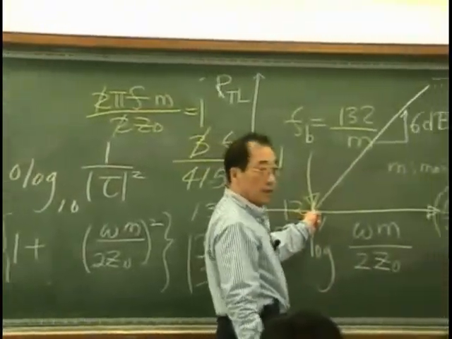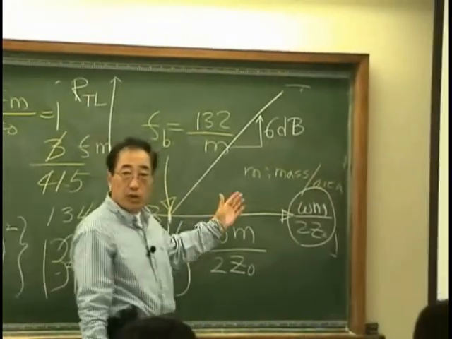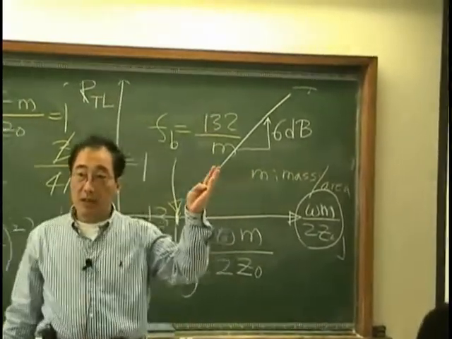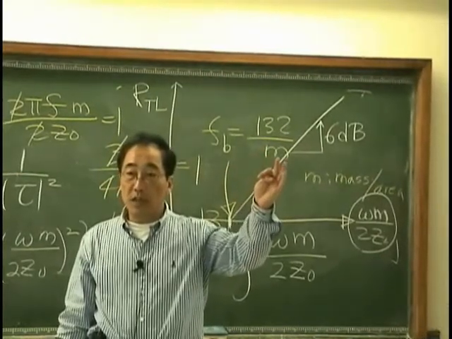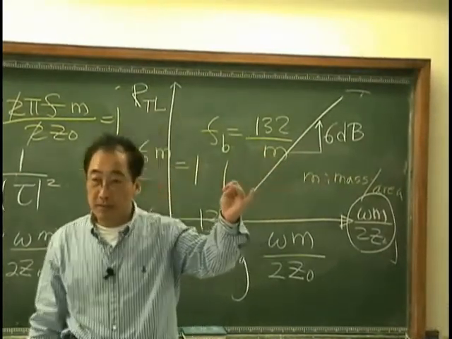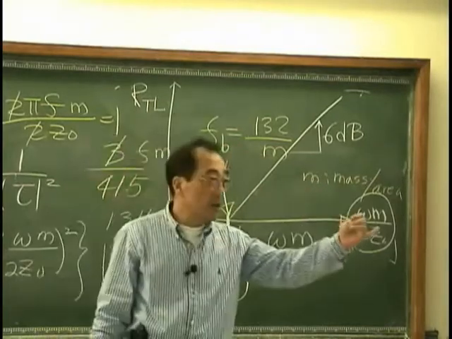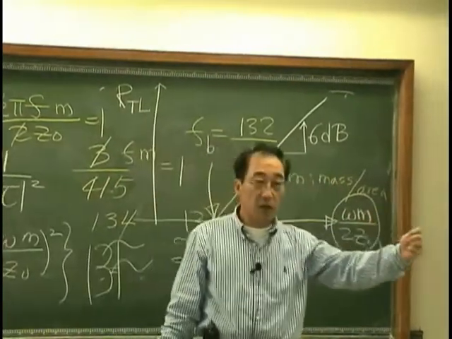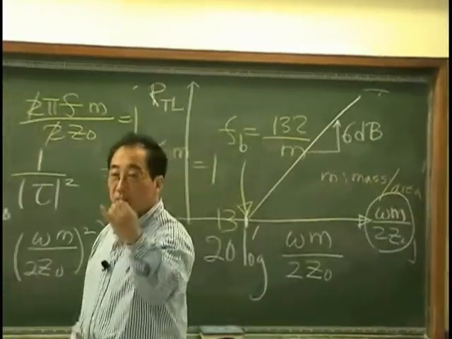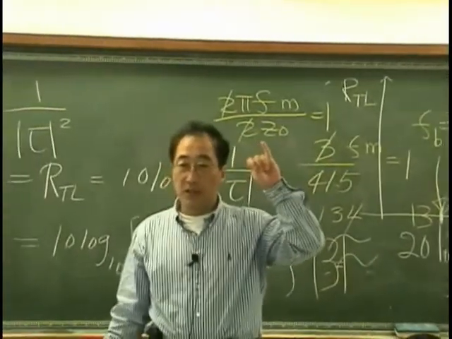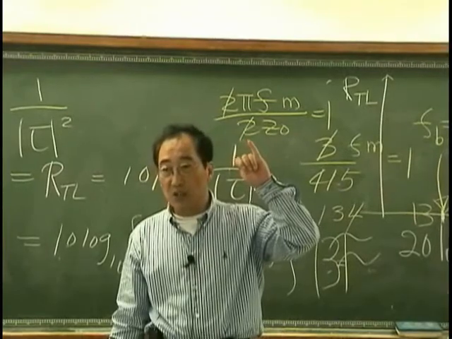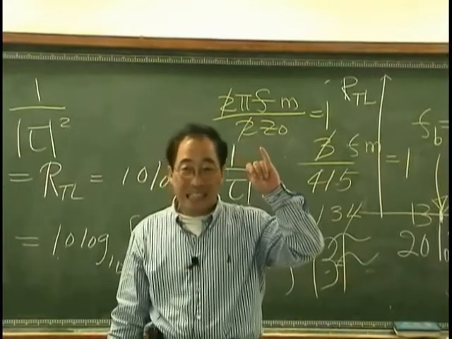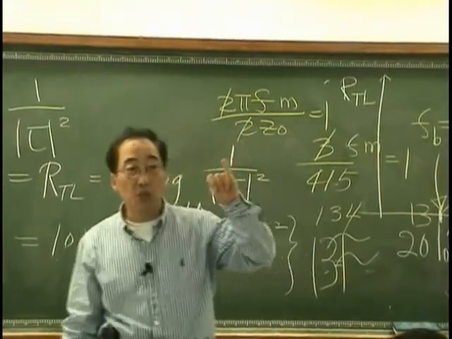13, twice is 26, twice is 52, twice is 100, 200, 400, 800. So I had 6 times 6 dB increase, so I have a 36 dB transmission loss.